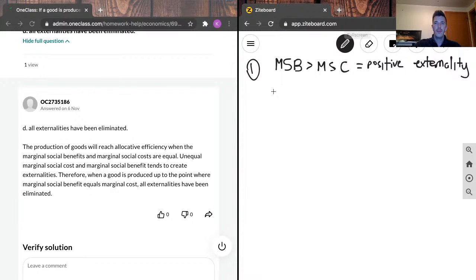Second scenario, the marginal social benefit is equal to the marginal cost, which is the scenario that we're looking at in this question here. And when that's the case, we're going to have no externalities.